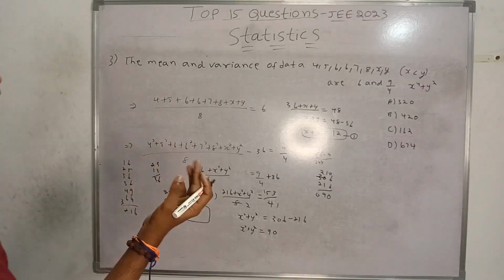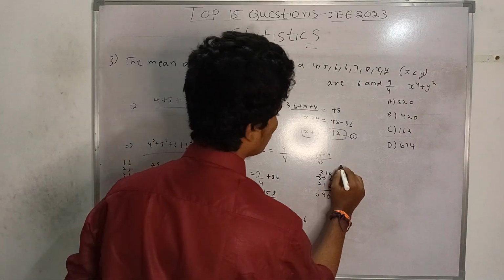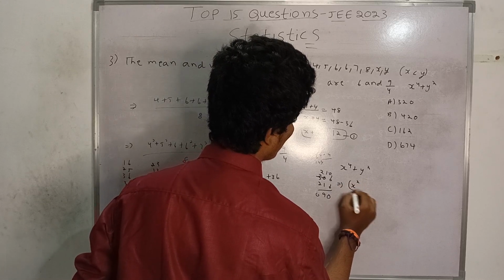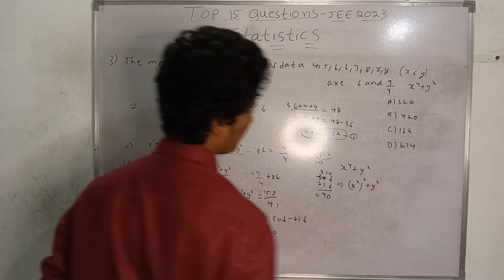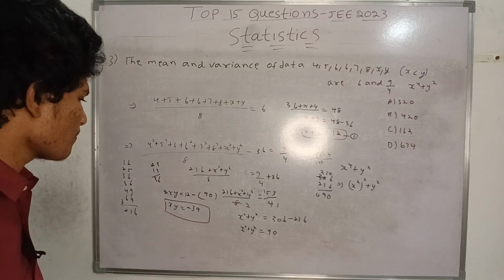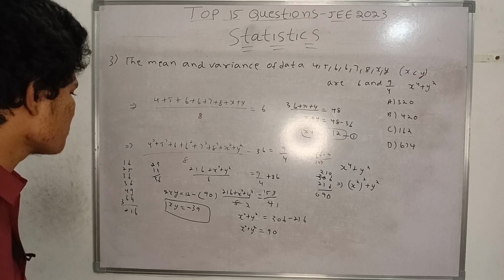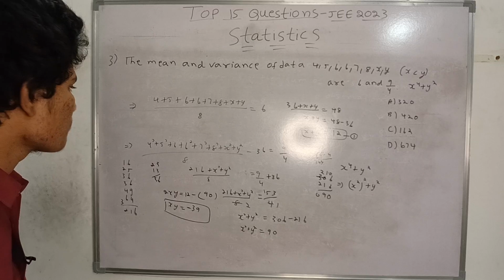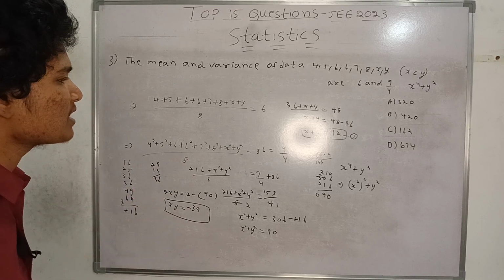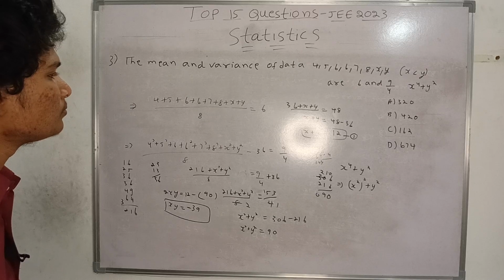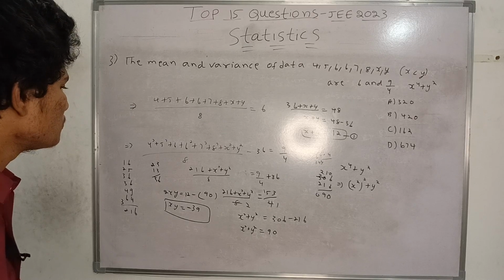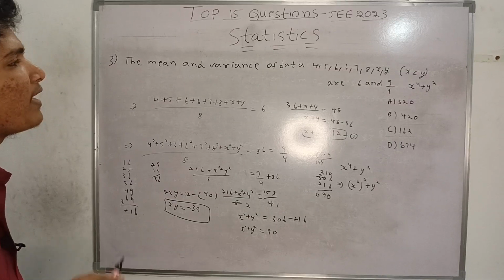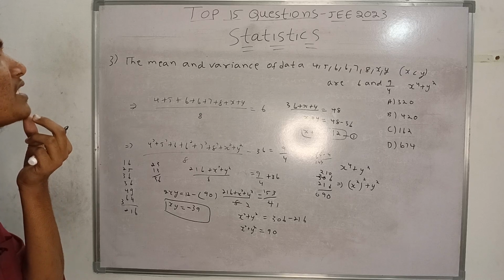But they are asking x power 4 plus y square. So here, x power 4 plus y square. Simply observe this: x square whole square plus y square. How can we solve this question? X power 4 plus y square we have to solve. Simply finding the xy term is not that efficient a way. We have to find the other thing, that is x power 4 plus y square.